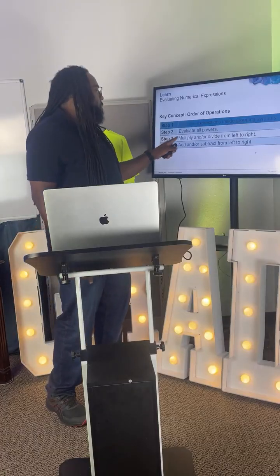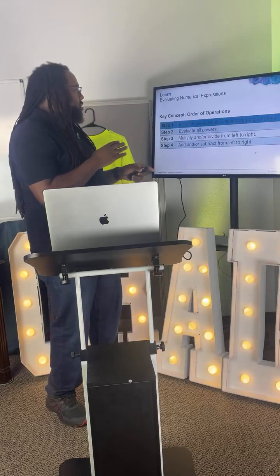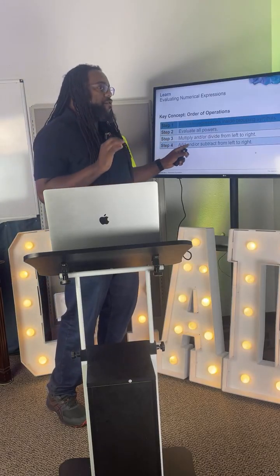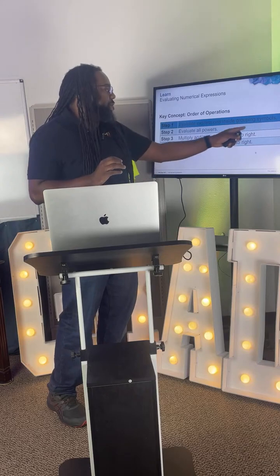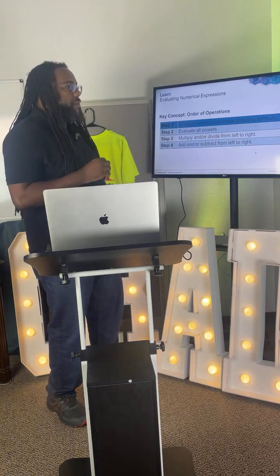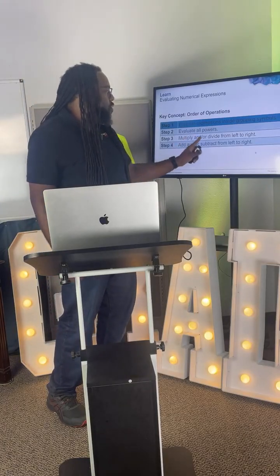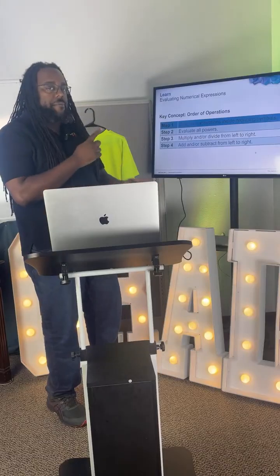Important to remember, the multiply or divide can go either way. So it matters which one comes first, from left to right. It could be the division, it could be the multiplication, but those can be interchanged. The same with addition or subtraction, they can be flipped.